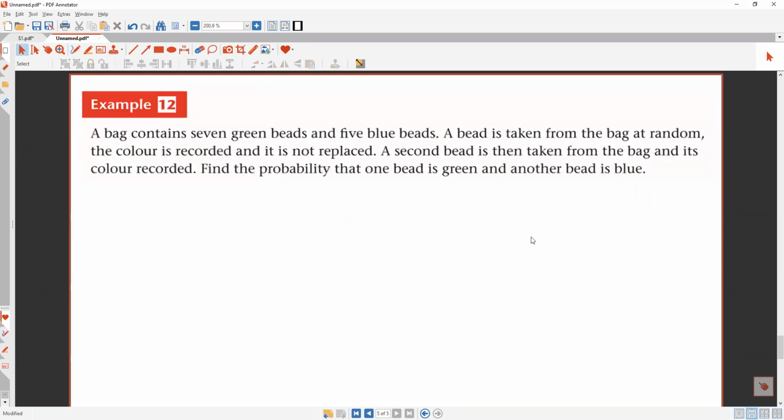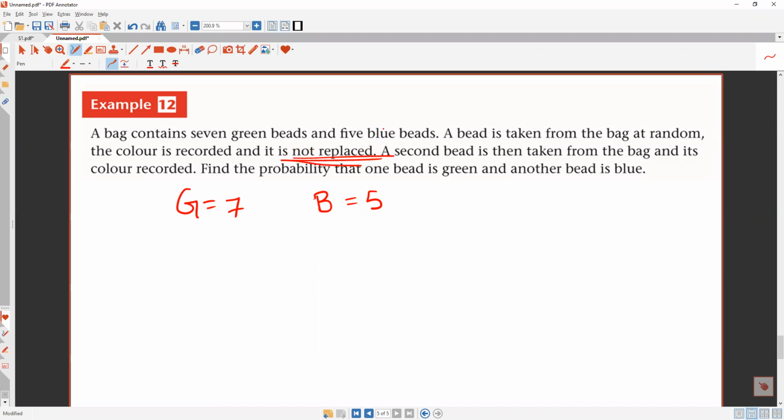Okay. A bag contains 7 green beads, 5 blue beads. 7 green, 5 blue. 7 plus 5 করো, 12. A bead is taken from the bag at random. The color is recorded and it is not replaced.